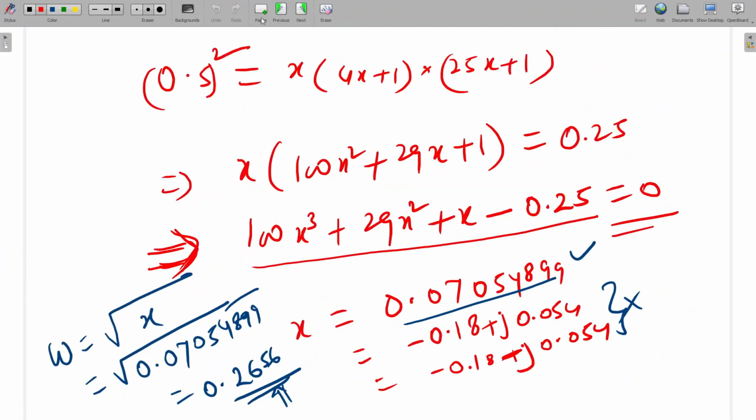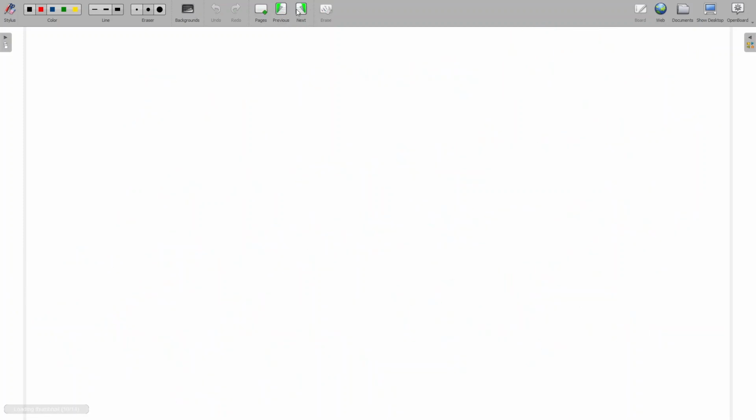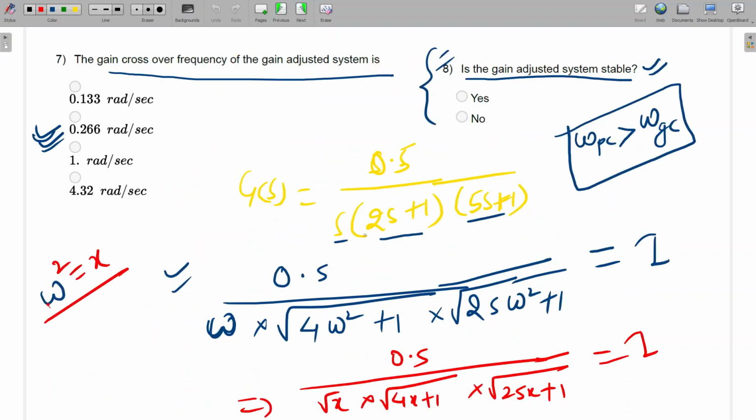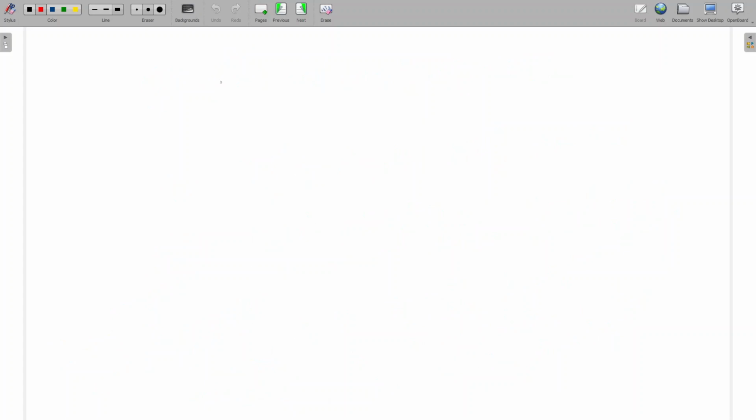How can we calculate it? So phase margin I am going to calculate first. It is 180 plus phase at omega GC. This is our omega GC, and this is the function: 0.5 divided by s into (2s plus 1) into (5s plus 1).